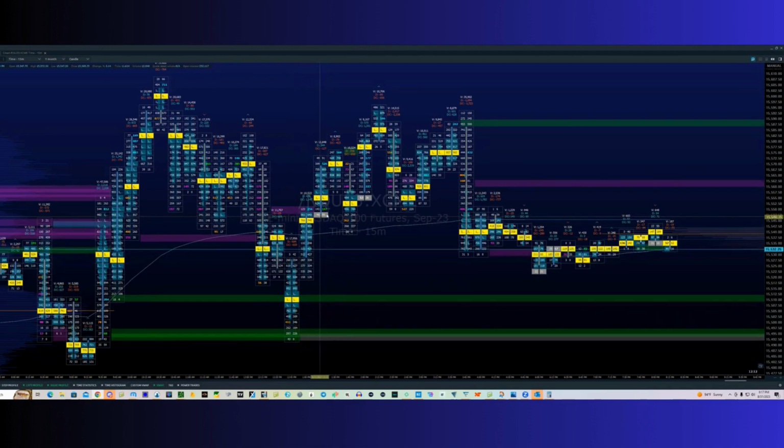Now these gray boxes here, right? There's a feature in the software where you can highlight unfinished auctions. The reason unfinished auctions are important is because, kind of like a point of control, which are these yellow boxes here, unfinished auctions and points of control can be magnets to price.